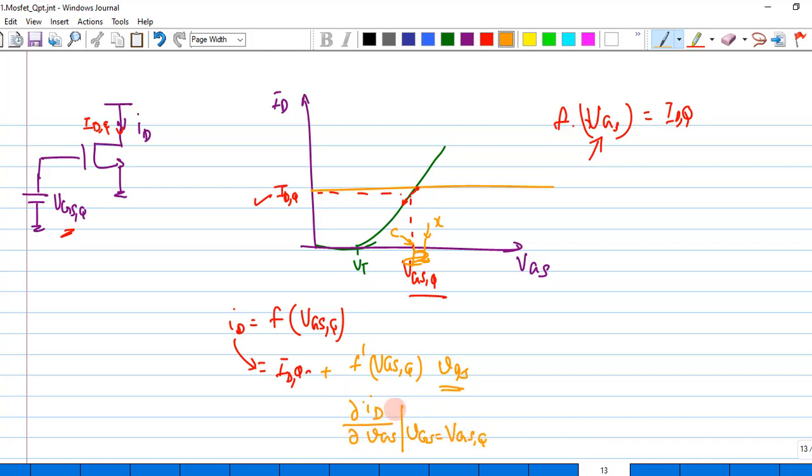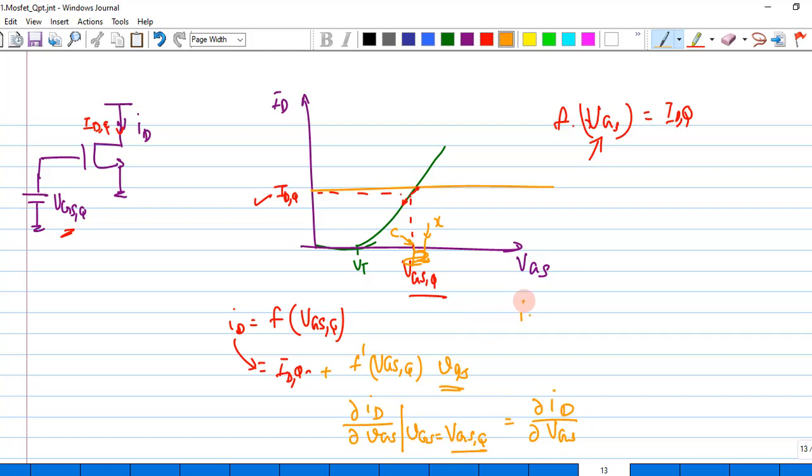So rather than writing a derivative like this, I can write this derivative as this divided by this quantity. It is exactly the same thing, okay? I have replaced this composite signal of my VGS with the known DC value of VGS, okay? It has been evaluated around that particular spot.